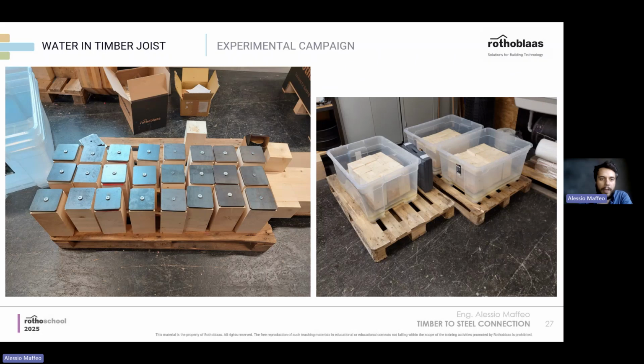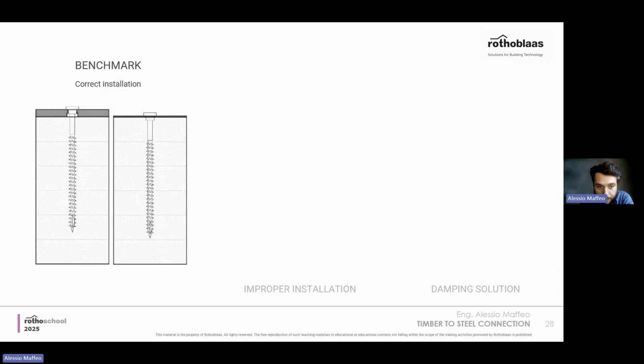Again, this is another campaign, with a very similar setup, but there is no longer the plate and counterplate with a threaded rod. In this case, we want to measure and see after a few days what happens to the connectors. So the benchmark is a screw connection, actually two benchmarks, a thick plate and a thin plate.